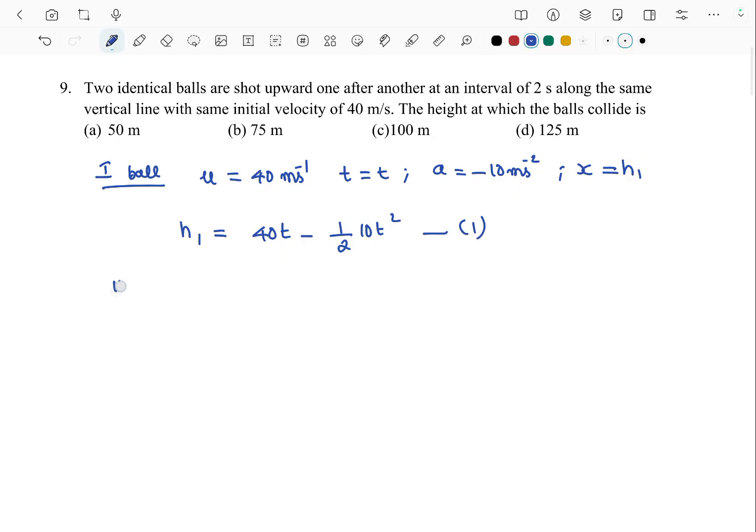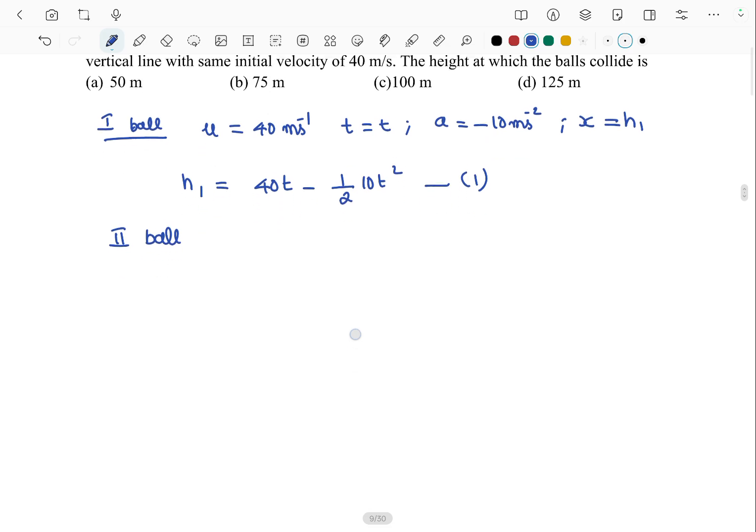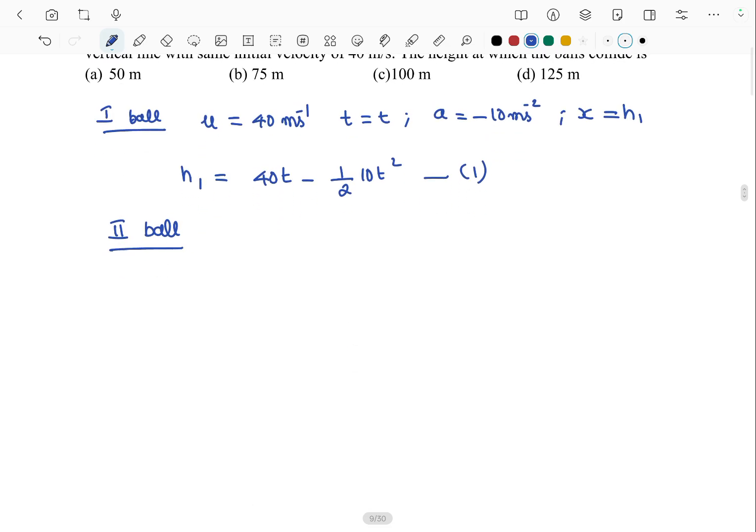Similarly, for the second ball, the two balls are thrown upwards, so the velocity remains the same. For the second ball, the initial velocity is also 40 meter per second, but the time will not be the same. It is 2 seconds later, so let me take the time as t minus 2.